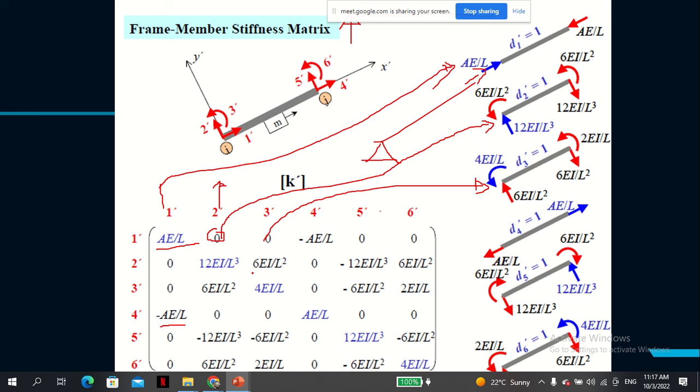Now what you need to care about is that this has to be derived by what we call the slope deflection method.